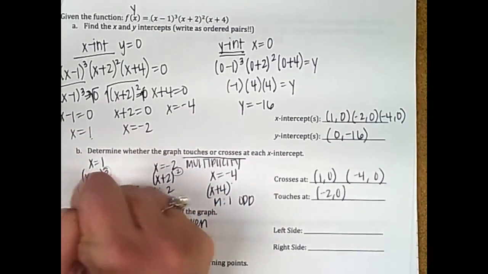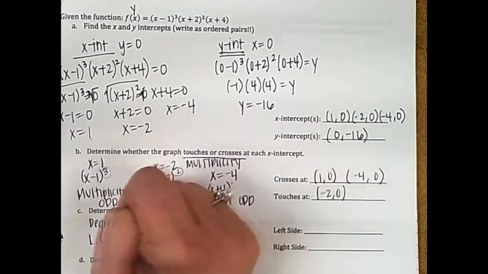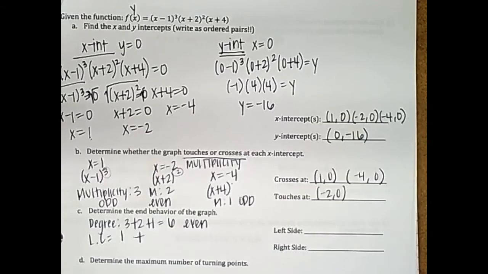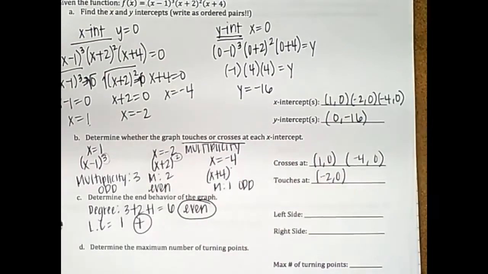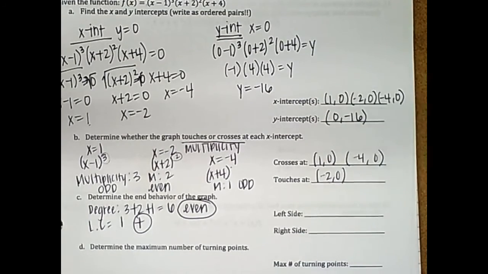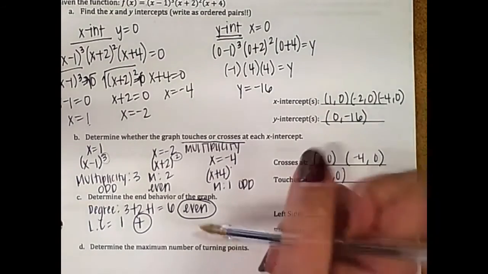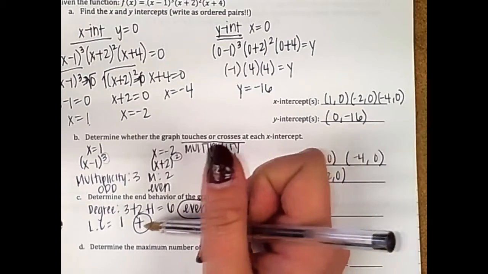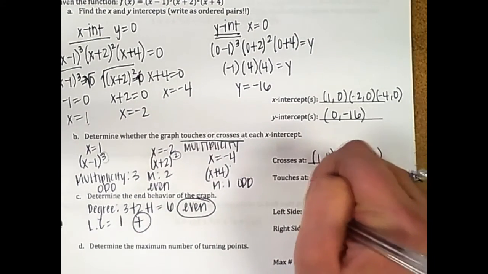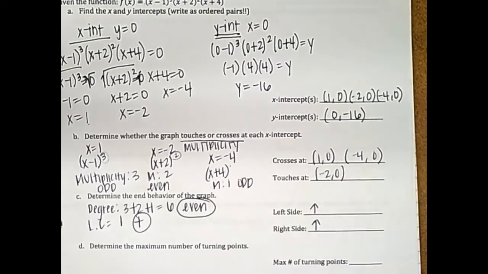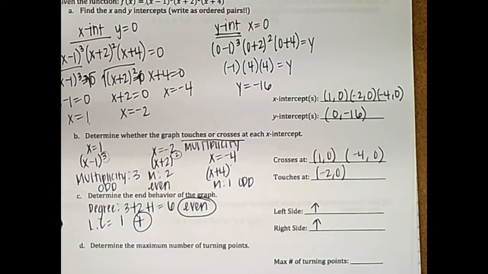And so my leading coefficient is 1, which is positive. So the even and the positive is what's going to tell us the end behaviors. When it's an even degree and a positive leading coefficient, we are increasing to the left and increasing to the right.